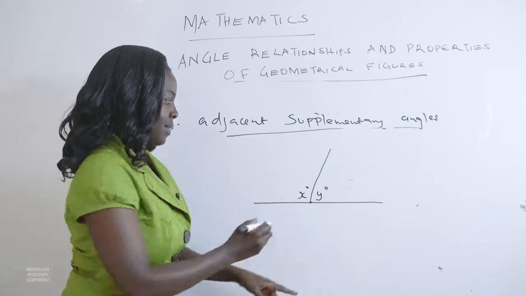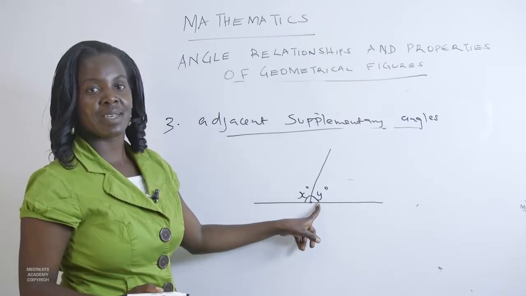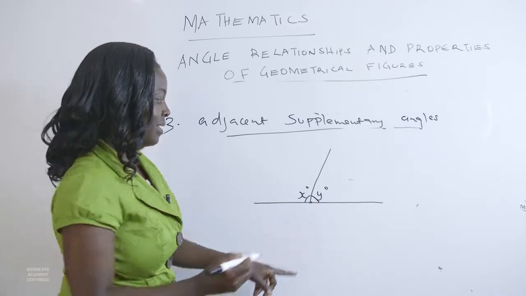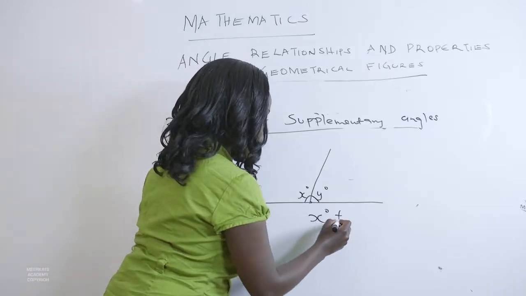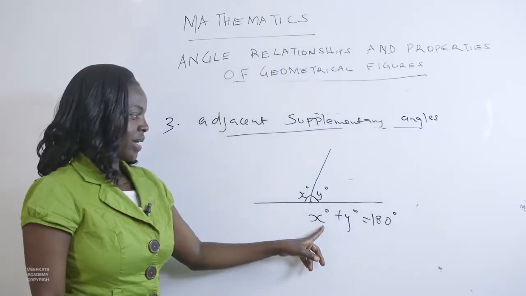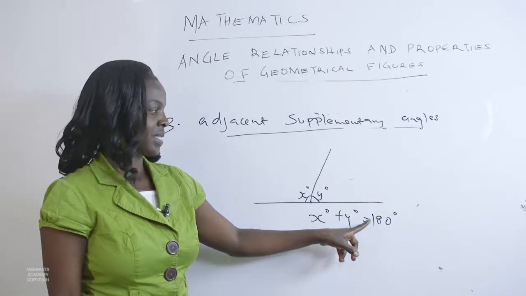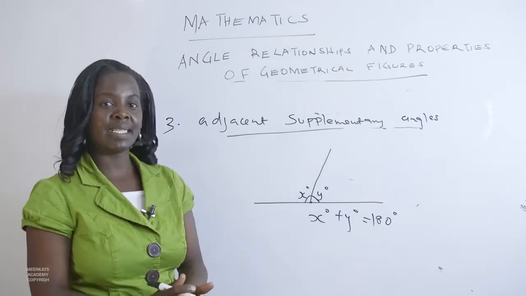We said this is a straight angle giving us 180 degrees. That means x and y, if you add, should give us 180. We say these are supplementary angles.